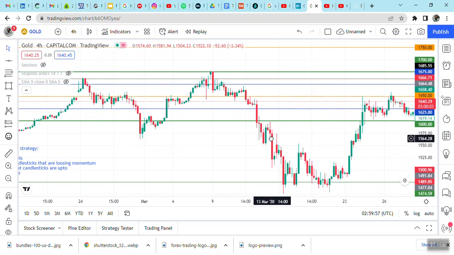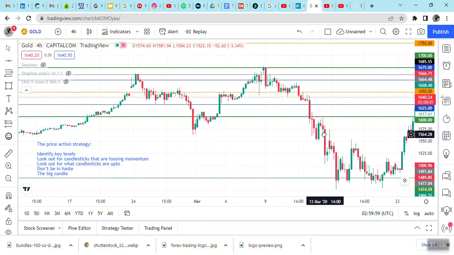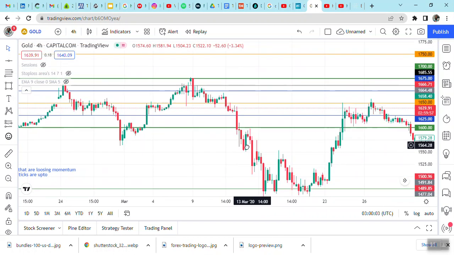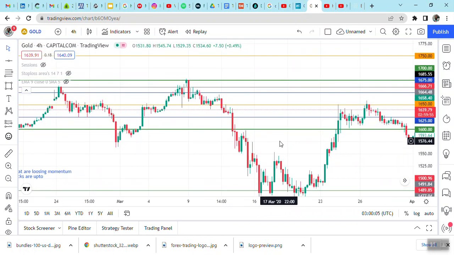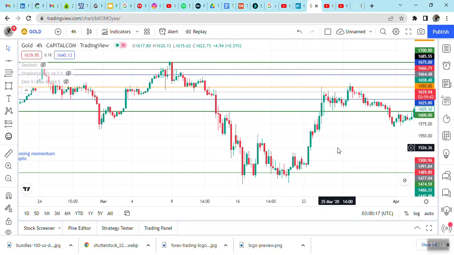So the next thing we want to talk about is you look out for candlesticks that are losing momentum. One of the ways in which you can really study, or predict the movements of a price or the change in the direction of the price movement, is to look out for candlesticks that are losing momentum.